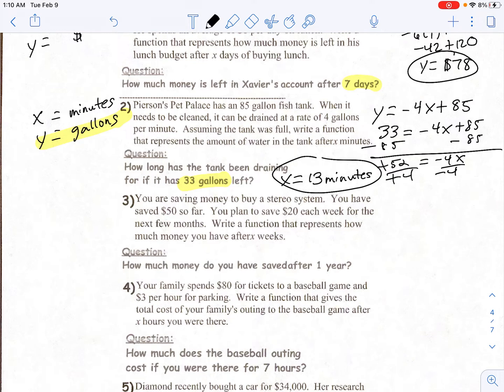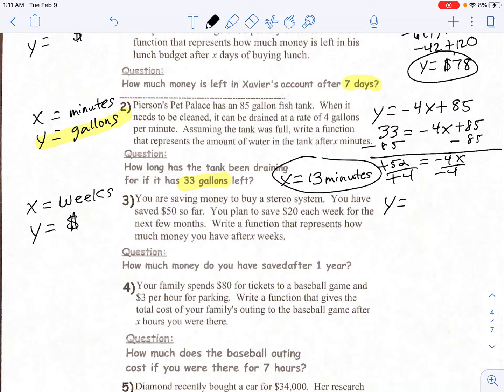Number 3. It says you're saving money to buy a stereo system. You have saved $50 so far. You plan to save $20 each week for the next few months. Write a function that represents how much money you have after X weeks. So it actually tells you that X is weeks, which means that obviously Y is in dollars or money.